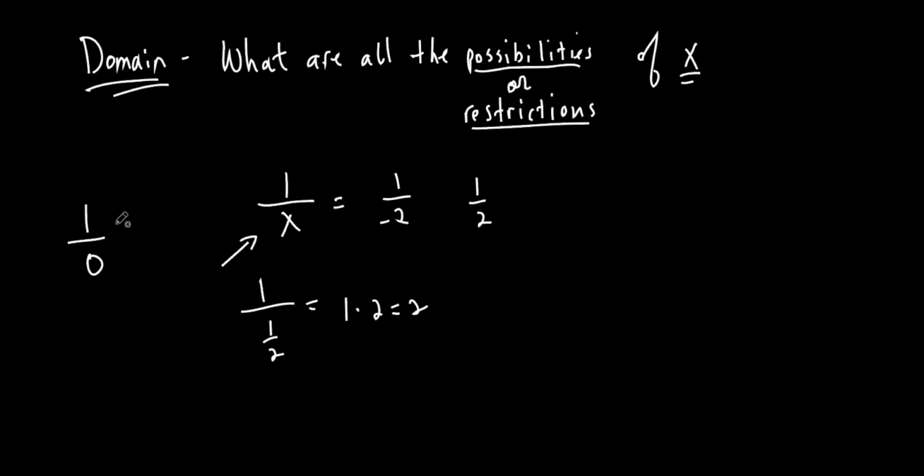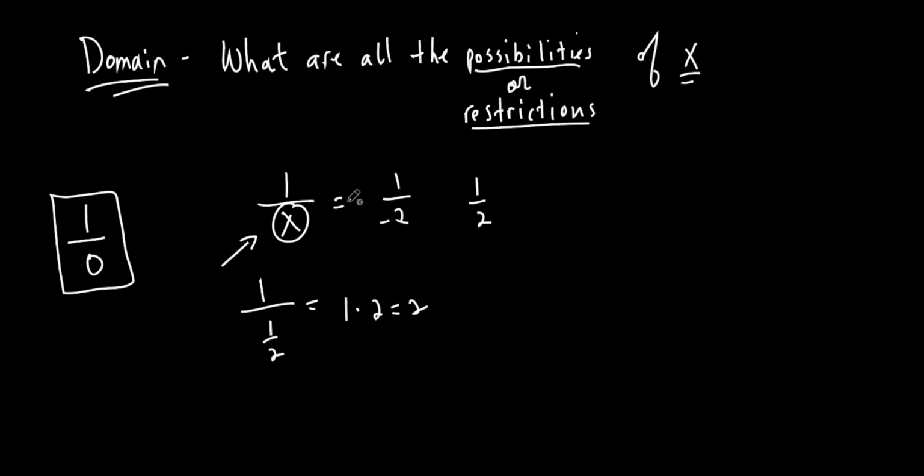Mine says error. Some calculators might say syntax error. It all means the same thing. So, can you put a 0 in for x?